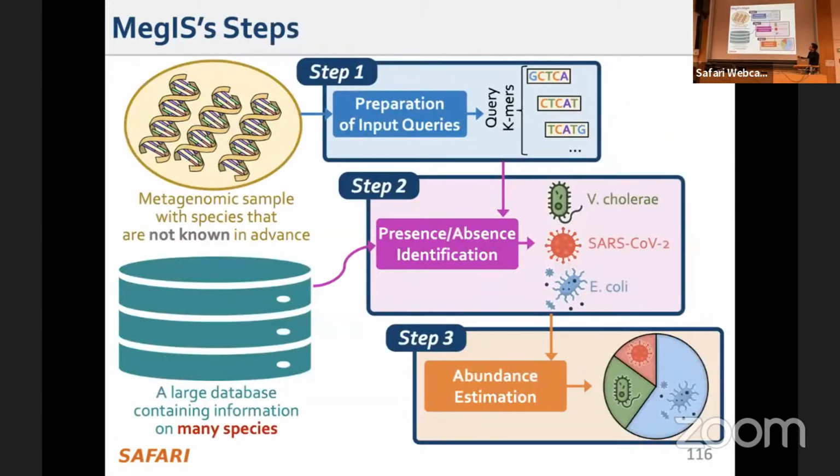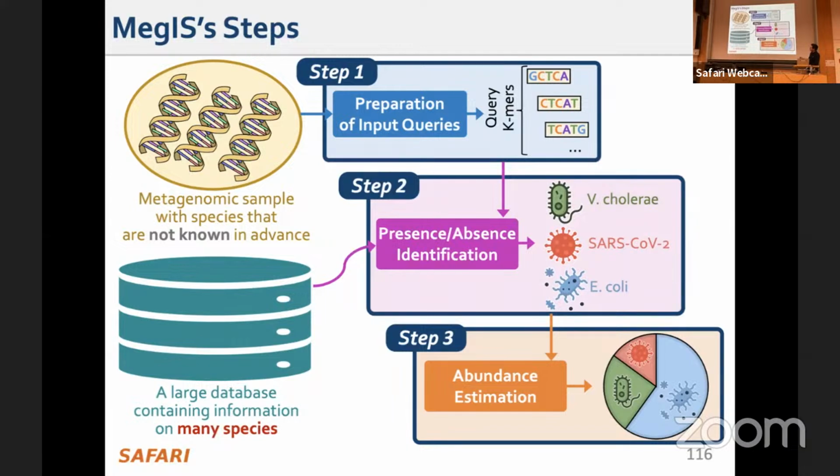To remind you how metagenomics usually works, we start with this bunch of DNA. In the first step, we extract k-mers or subsequences from your input read set. Then there is this particular large database that contains the information of many species, right? This can be up to 100 terabytes in size. So we query these subsequences to this database to identify the presence and absence information for each potential organism.